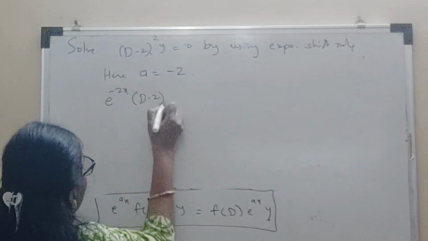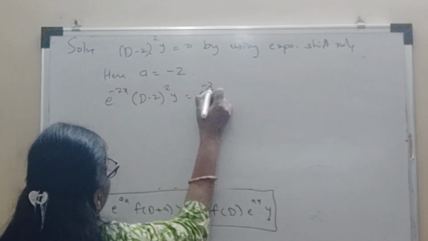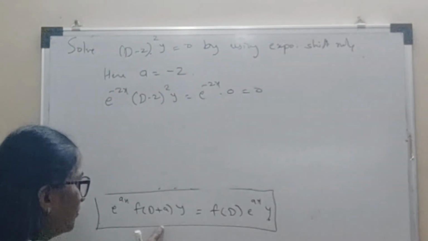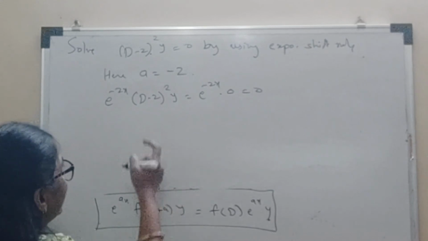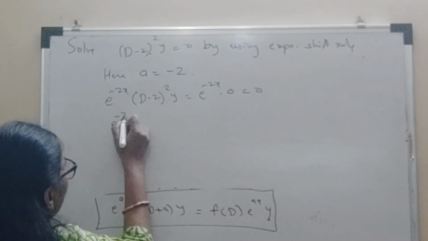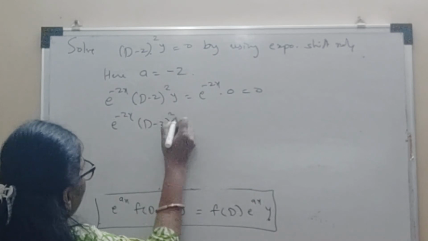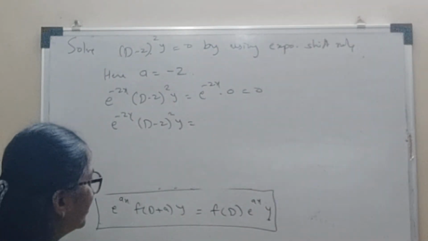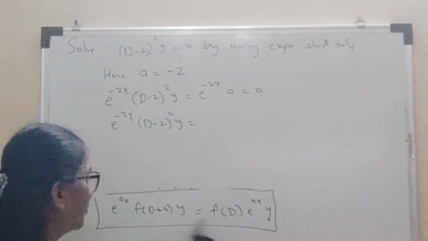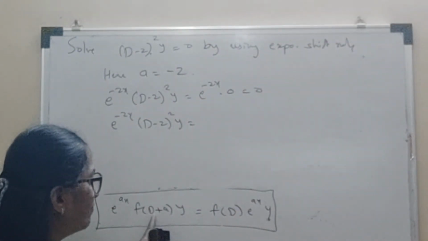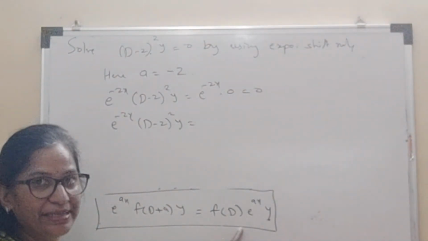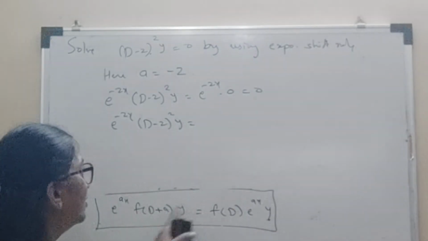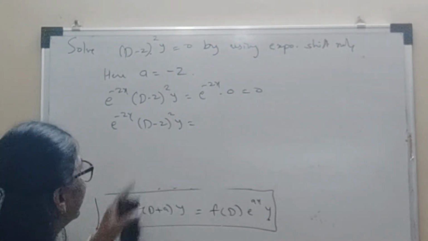(D minus 2) whole square operates on y is equal to e raised to minus 2x into 0, that is equal to 0. So we get it in this form. What this rule says is e raised to minus 2x, (D minus 2) whole square operates on y is equal to 0, and that is nothing but, by using the exponential shift rule, replace D by D minus a. So we get D minus a plus a, that is f of D. So a is our minus 2.